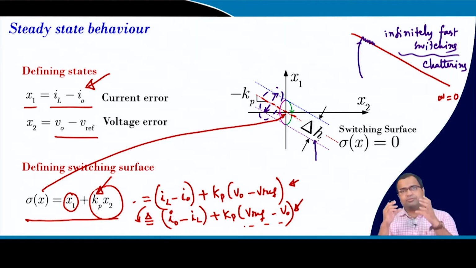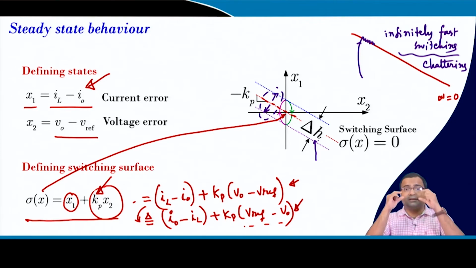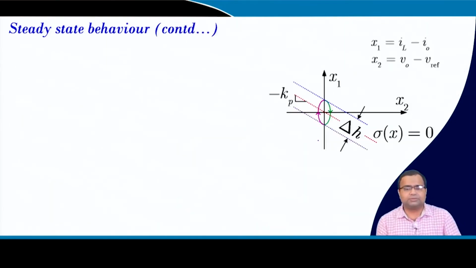So we can introduce a band, as is usual in a hysteresis-based implementation, and if we introduce a time, then we can think of a constant on-off time implementation, where we put in a dead time. So, the steady state behavior, sigma x.